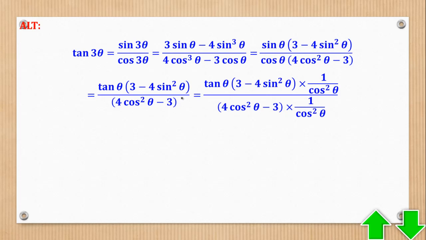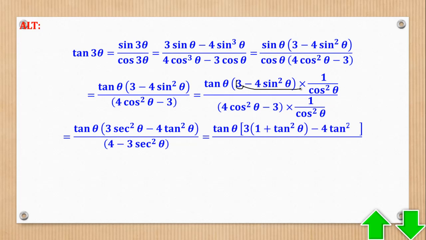Then from there, to bring in the tan, I'll have to multiply both up and down by 1 over cos squared theta. So when I do that, I'll come up with this, 3 times this gives you sec, and this times this gives you tan. So here this and this cancel, and this with this gives you sec.